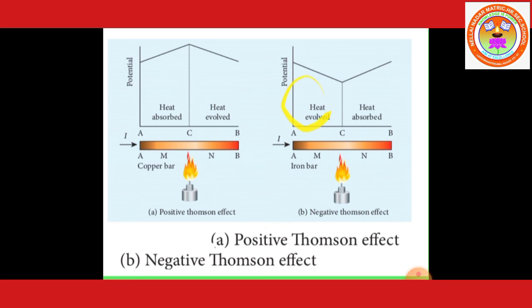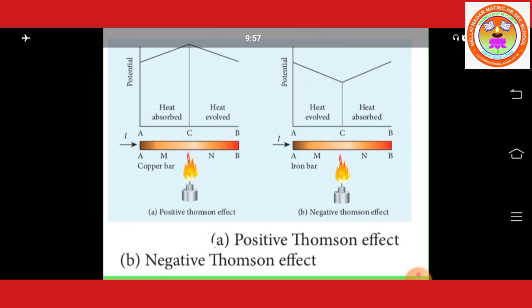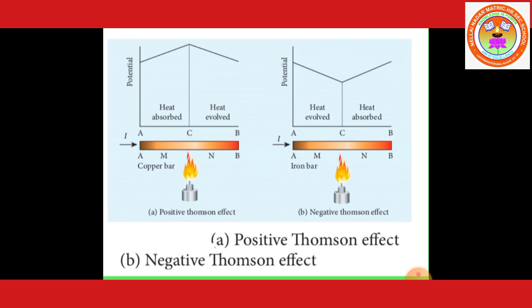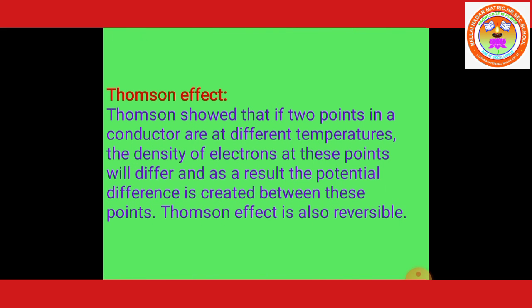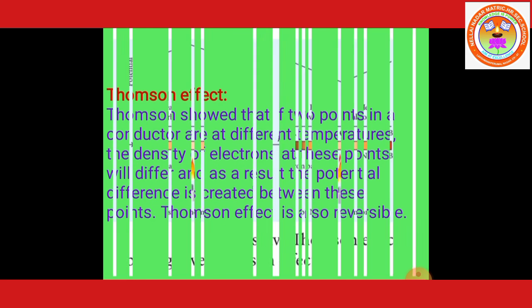Here the heat is evolved along AC. At point C, the potential is lesser. The heat energy is absorbed along CB.